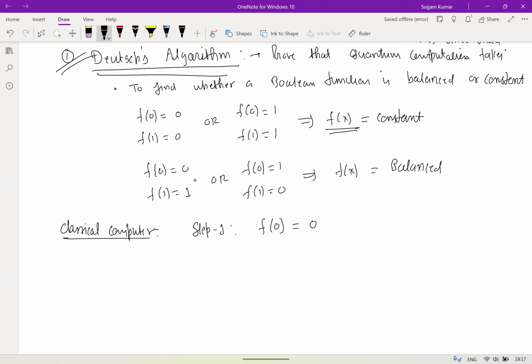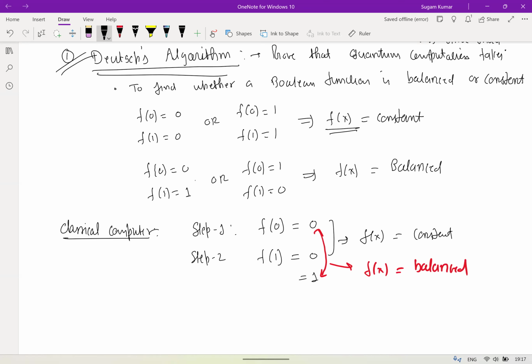Now the function value is 0, but this first step will not tell me whether the function is constant or balanced. I have to go for step number 2. In step number 2, I will put 1. If it becomes 0, then only I can say the function f(x) is constant. And if it becomes 1, then this combination tells me that the function f(x) is balanced.